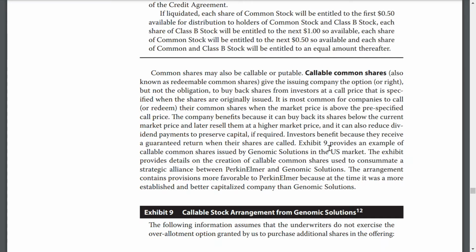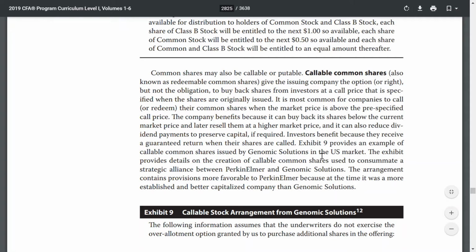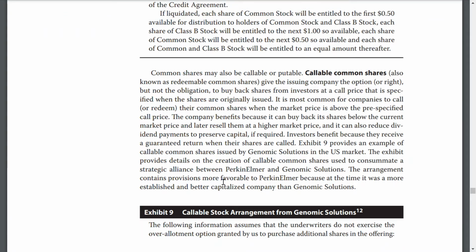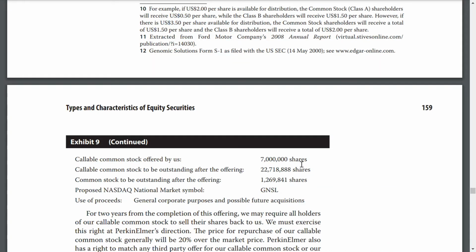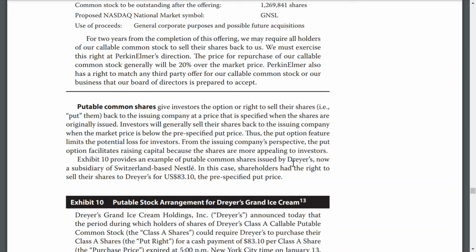Exhibit 9 provides an example of a callable common share issued by Genomic Solutions in the U.S. market. Okay. Puttable common shares give investors the option or right to sell their shares, i.e., put them back to the issuing company at the price that is specified when the shares are originally issued.